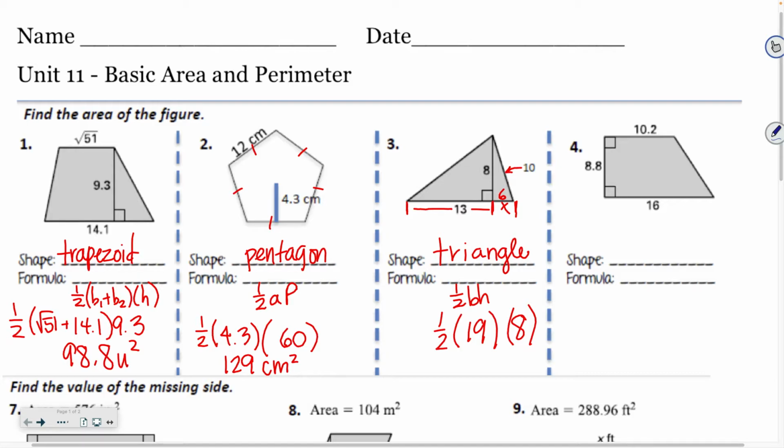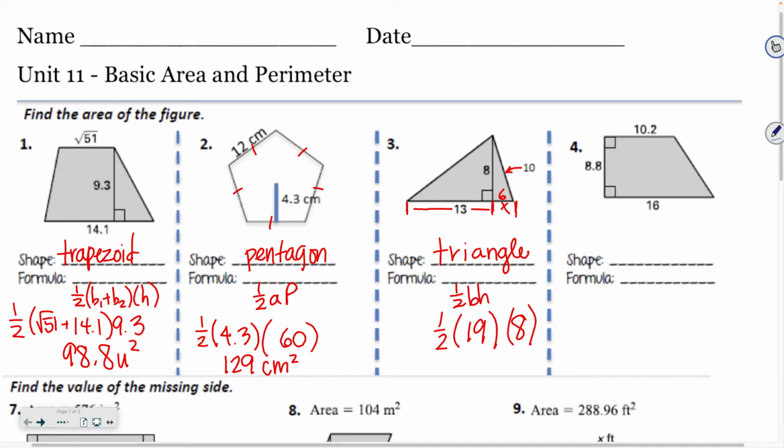So to calculate it, you do 1/2 times 19, and then after you get that, just multiply that by 8. Or you can type it all in at one time. You can just do 1/2 times 19 times 8 all in one.